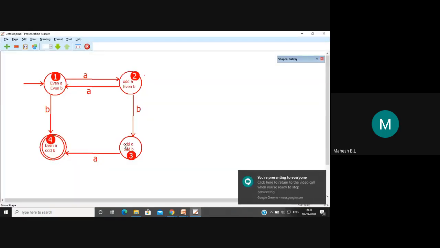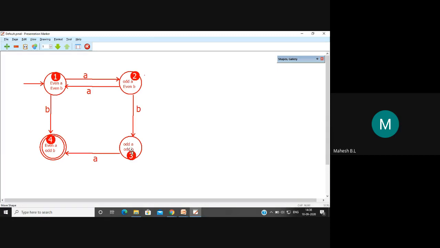Now you are in state 3, which is representing odd A's and odd B's. You read another B. To which state should your DFSM make the transition?